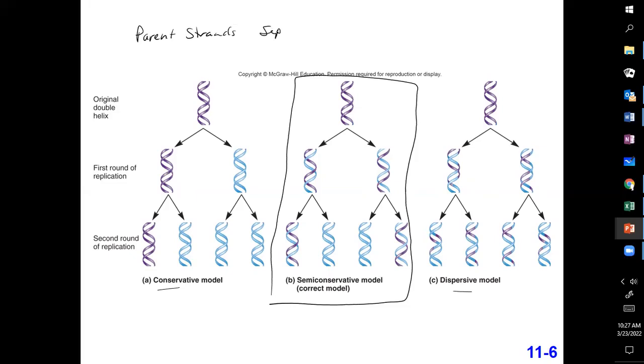separate, exposing the bases on each strand. So they separate during replication, and each parent strand serves as a template to create a new complementary strand.